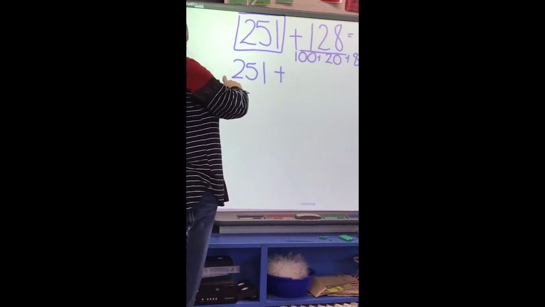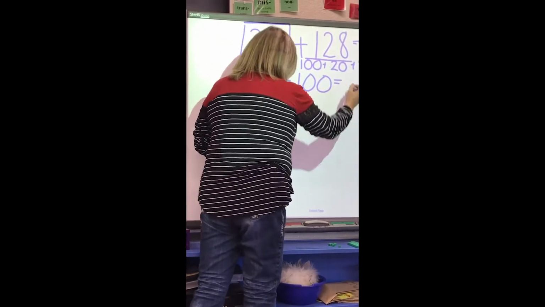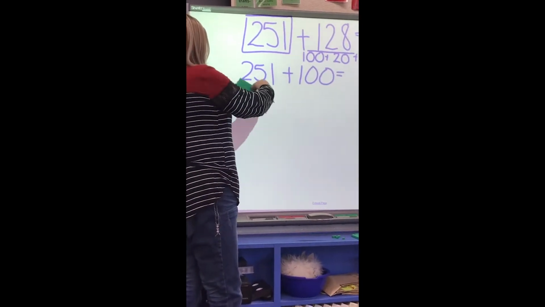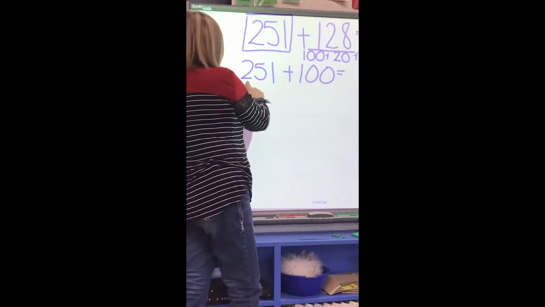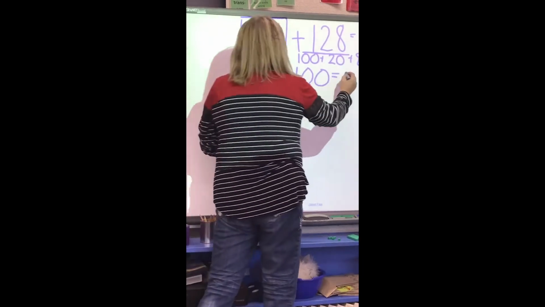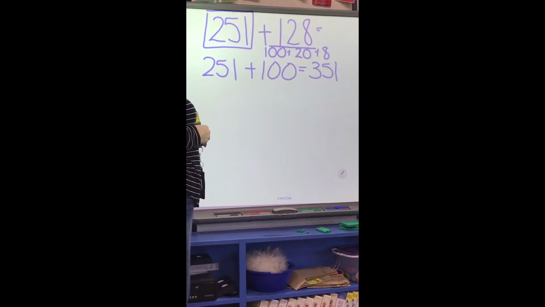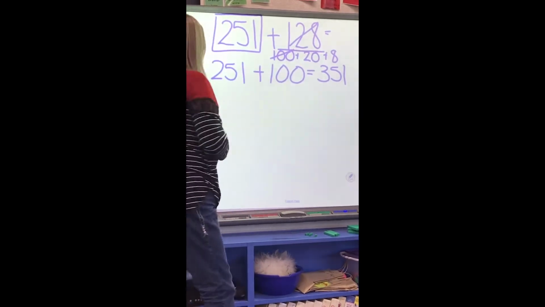So the first thing we do is we add 100. And because kids are familiar with their place value blocks, they know that when we have 251, by just adding another number, the only number that's going to change is the number in the hundreds. So we will have 351. And again, so that I don't get confused and lost, I cross off these numbers that I've used.